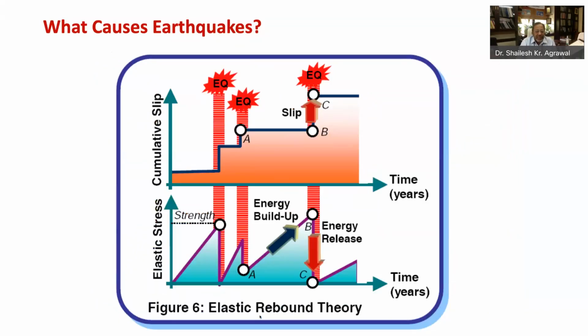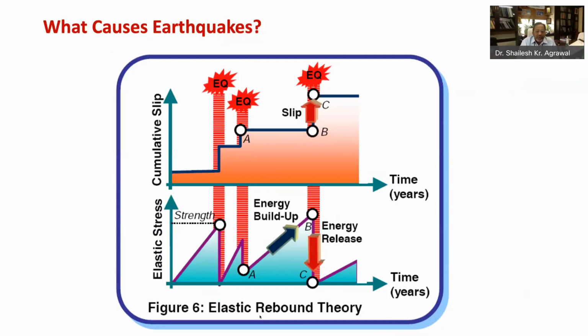So, as you can see in this figure, elastic energy builds up, release at the weaker section through sudden slip at the fault. The fault is the crack in the tectonic plate or rock, and then again buildup starts taking place, and then again it gets released through a sudden slip at the fault.